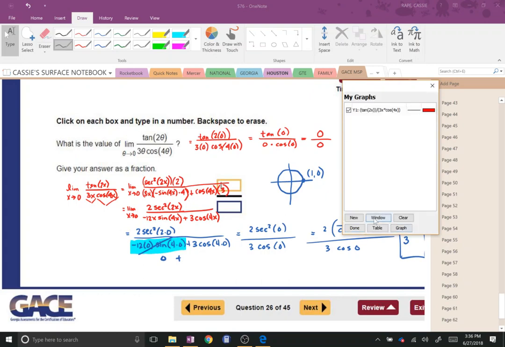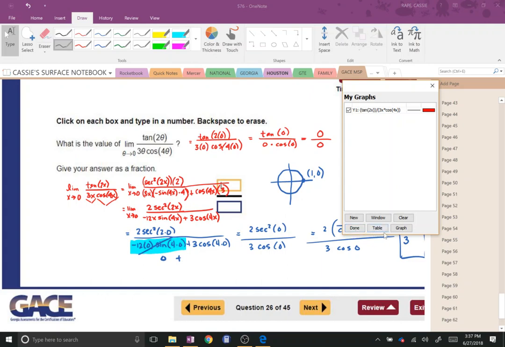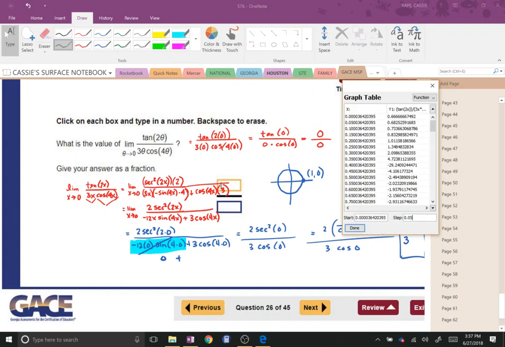You could either do it that way or you could do it with the table. Here's how you would do it with the table. Get some value and see how tiny that value is. It's not 0, but it's super close to it. Then I can tell it to make the little steps tiny. Did I do it? Nope. Maybe it didn't like how many zeros.